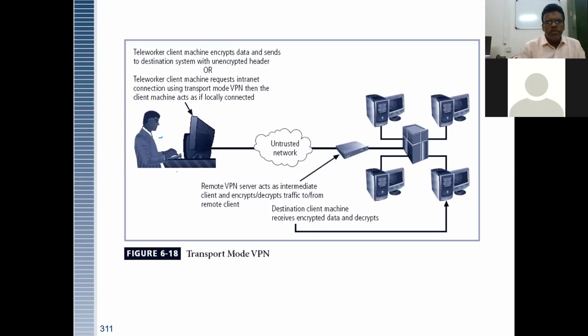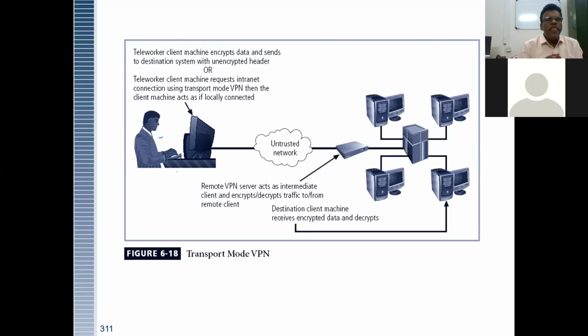See a simple schematic diagram, a pictorial representation, which will give a very understandable picture. A person who is a teleworker, the client machine, encrypts data and sends it to the target machine with an unencrypted header.